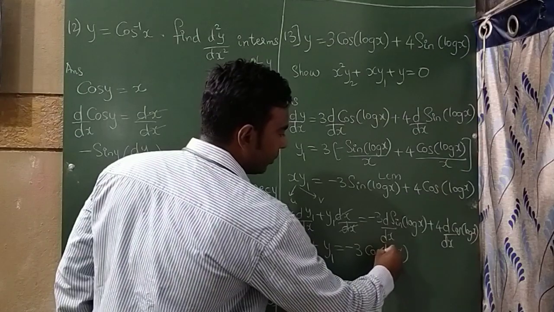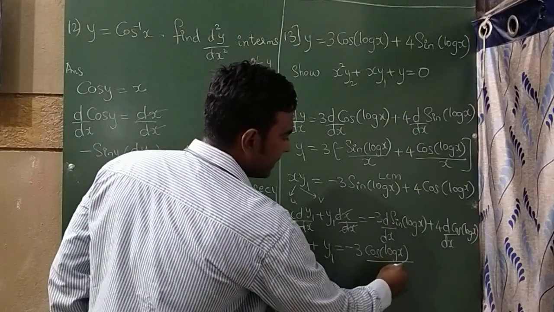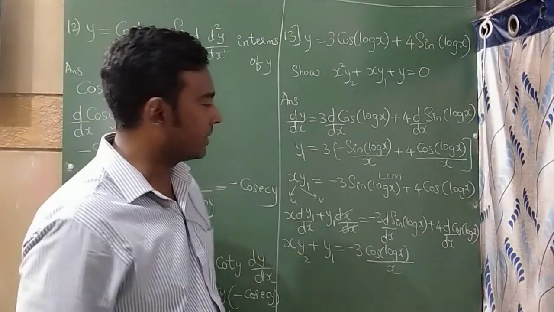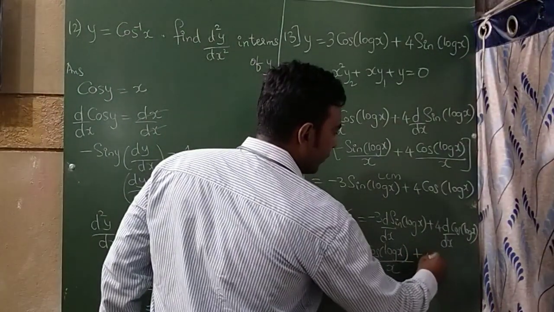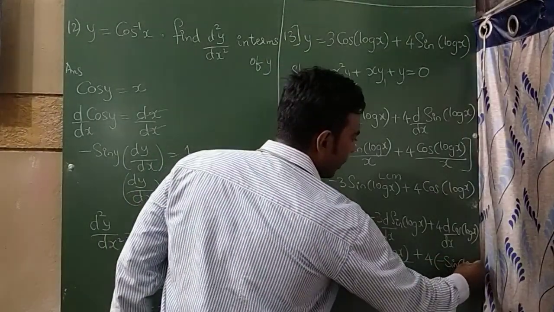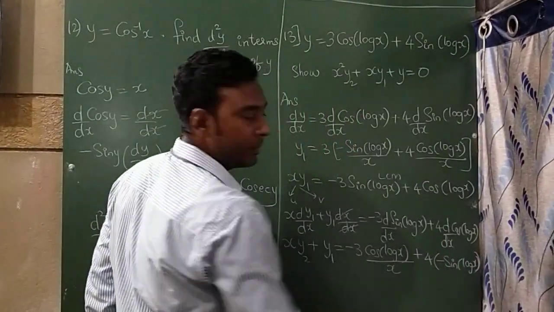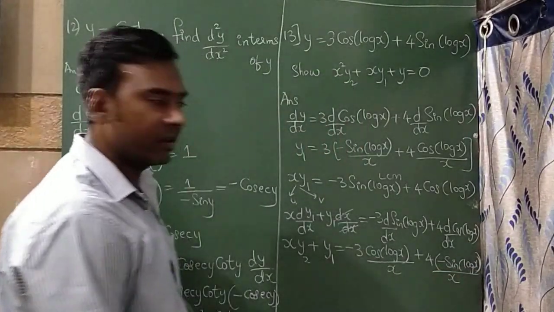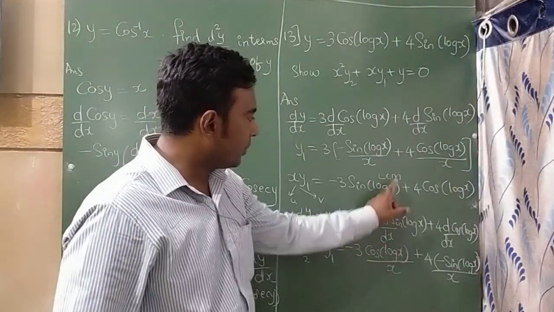Since it is a chain rule, d by dx of log x is 1 upon x, so I have written like this here. Okay, plus 4 d by dx of cos is minus sin log x. As you know that d by dx of log x is 1 by x, so I write here in the denominator part. Fine. Now again I need to take LCM.